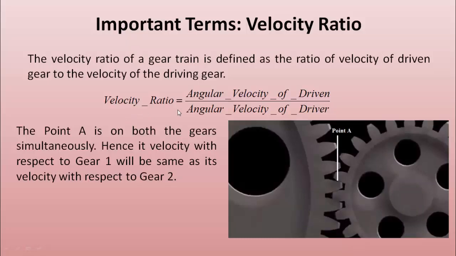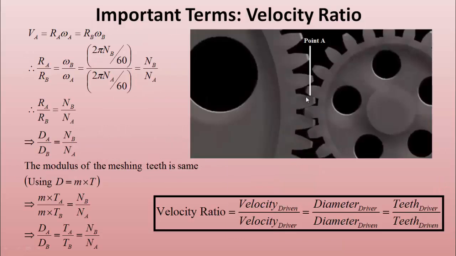Now that we know the velocity ratio, we will also have to find out a very important relationship between the angular velocity and the number of teeth on a gear. To understand this, let us look at this diagram. This point A is common to both the gears. It is on gear 1 and it is on gear 2 also.